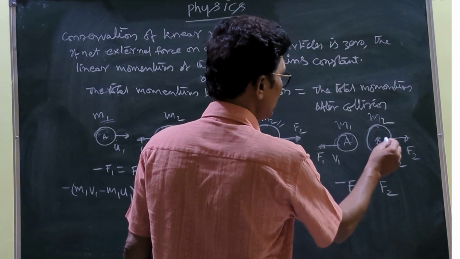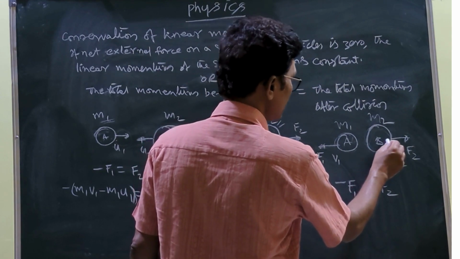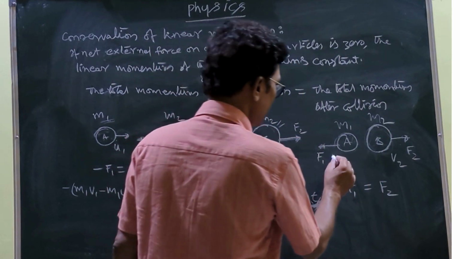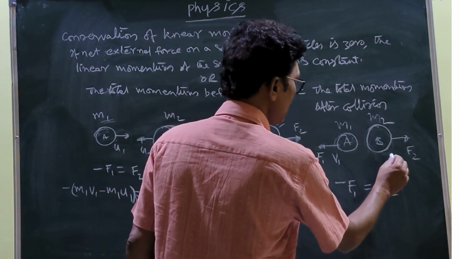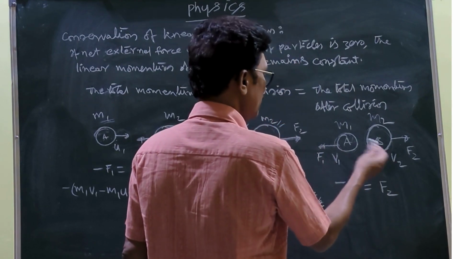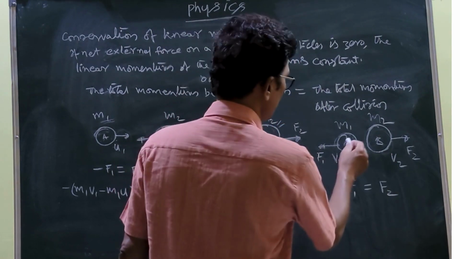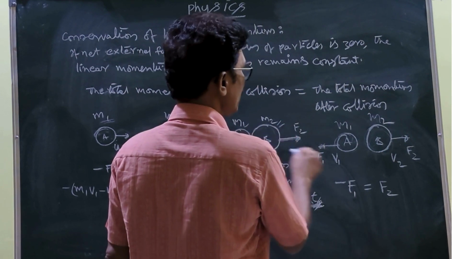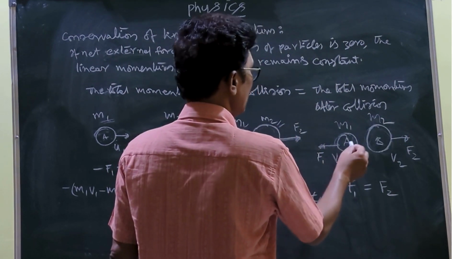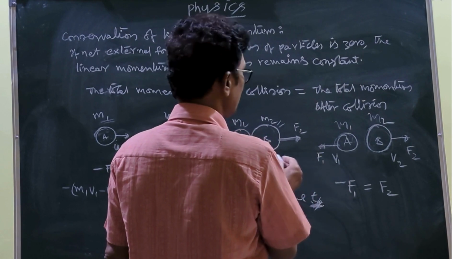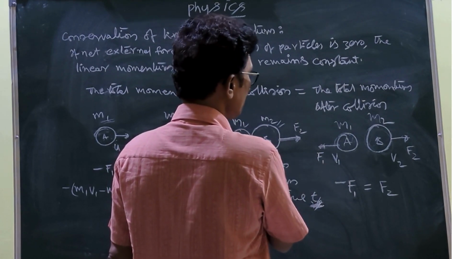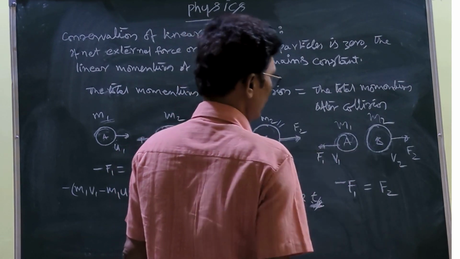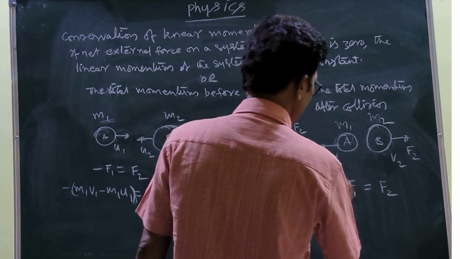The final velocity of A is V1, and of B is V2. Of course, the velocities have changed. Object A may get more velocity after collision, and B may get less velocity, but the velocities are changed.